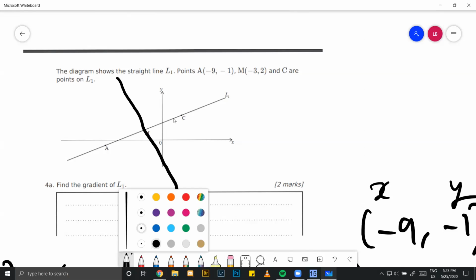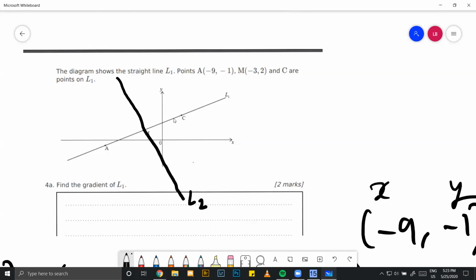I'm going to make it a little skinnier, so it's easier to write. And N is a point that lies on it. It's negative 4, 4, so maybe here, you could say there's N. So they want you to find what ANC is.